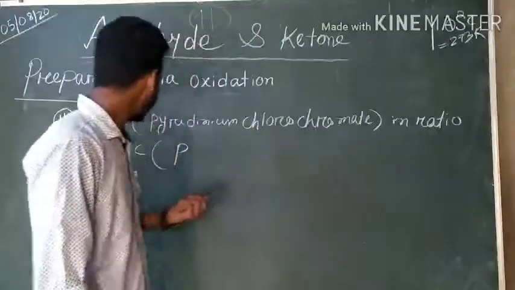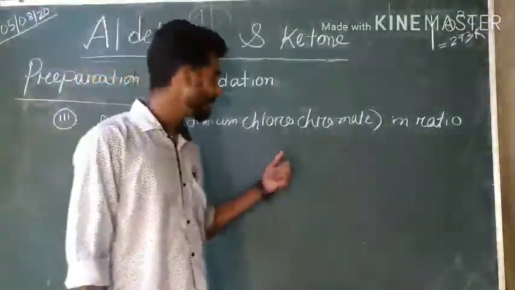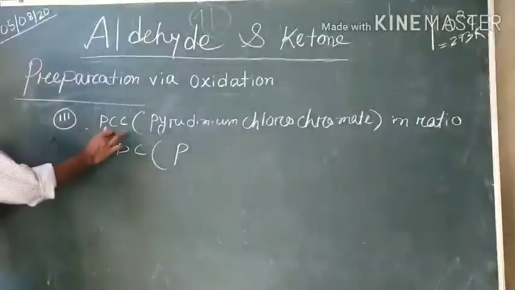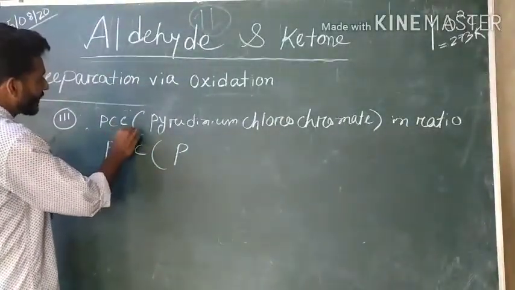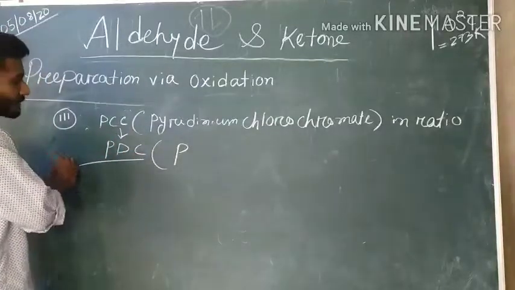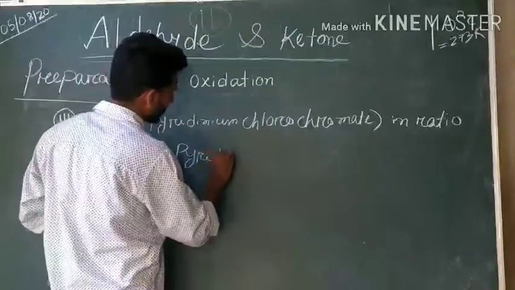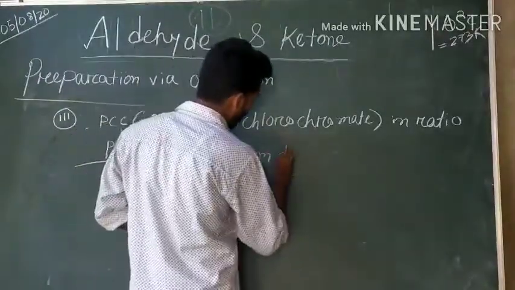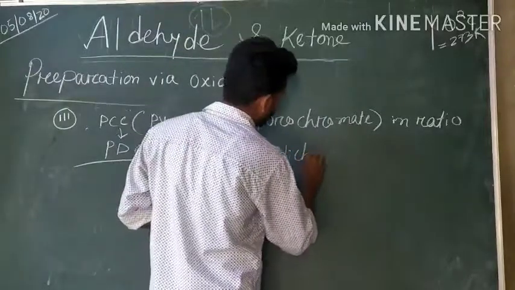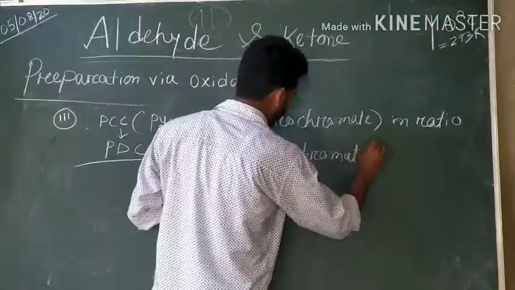Now PDC is another family member of PCC. From PCC we get another family member, PDC, pyridinium dichromate.